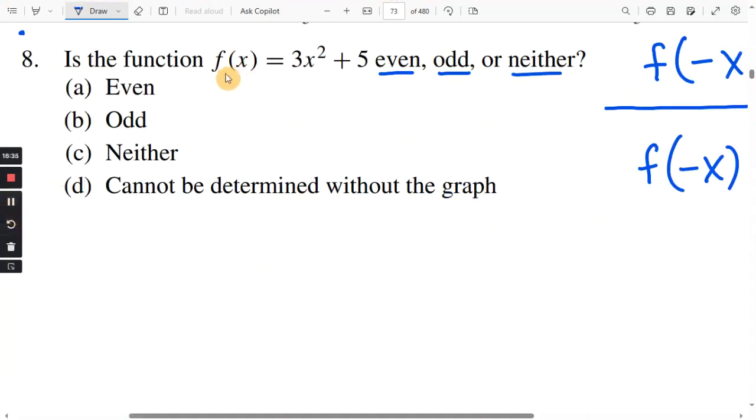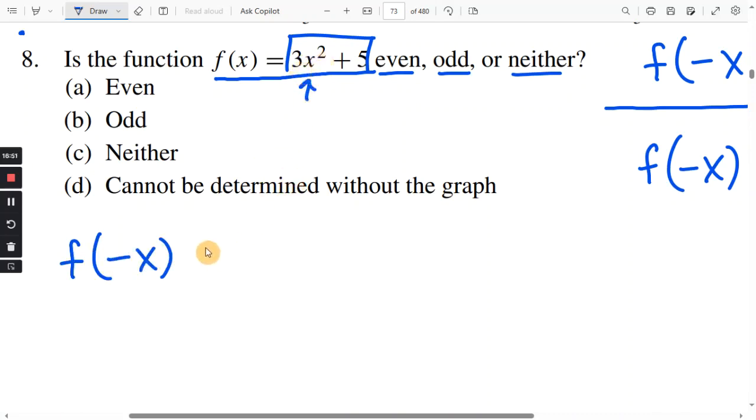All right, so here's the function, f of x equals this right here. All right, so let's do f of negative x. That means we are plugging in negative x wherever we see an x. So that's going to be 3 times negative x squared. All right, make sure you use parentheses when you square it, and that's plus 5.